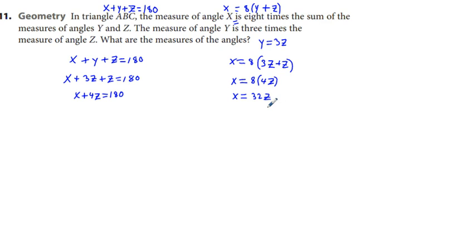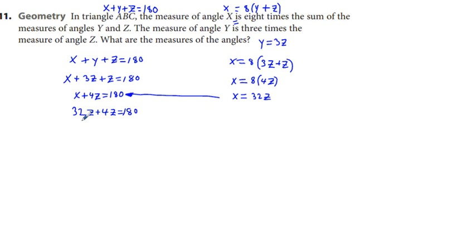And so now we have two equations with two unknowns, and we can replace this x here with 32z. So we have 32z plus 4z is equal to 180.